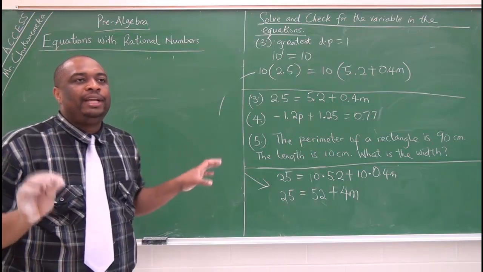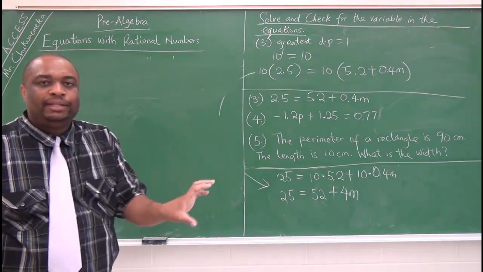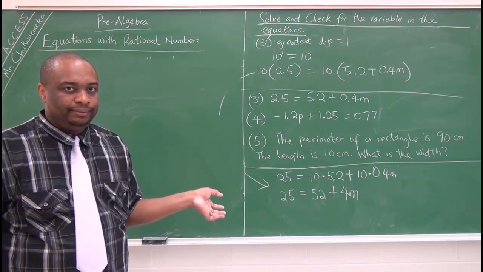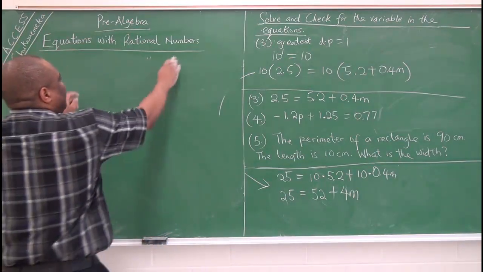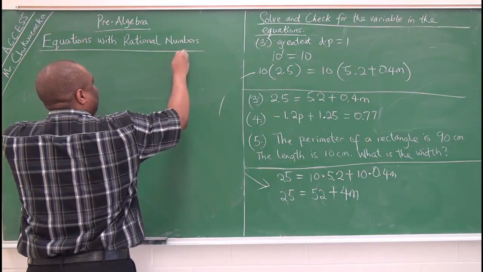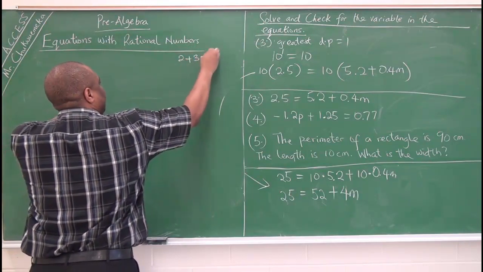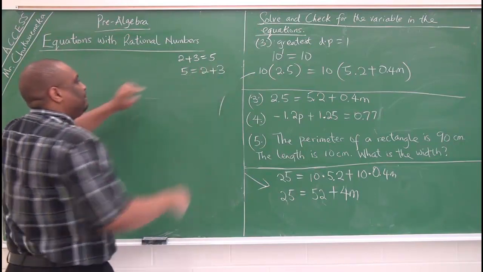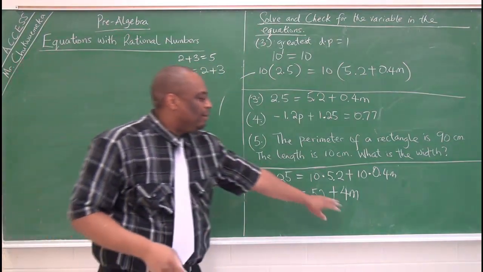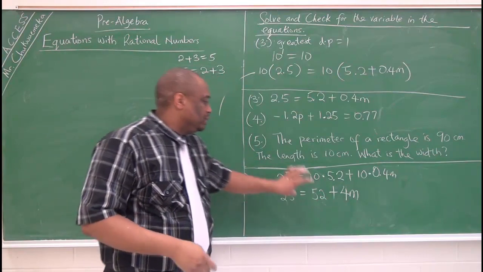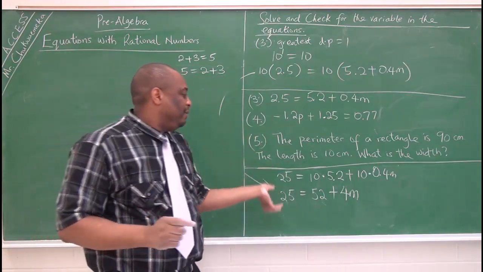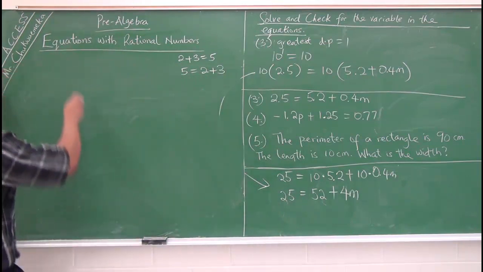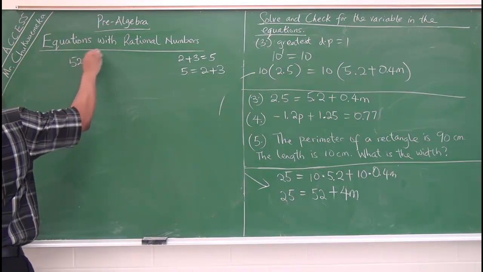Rearrange means make your left-hand side your right-hand side and your right-hand side your left-hand side. If you have 2 plus 3 to give you 5, 5 is equal to 2 plus 3. It's the same thing. Because our variable is on the right, we want to rearrange so that our variable can be on the left.